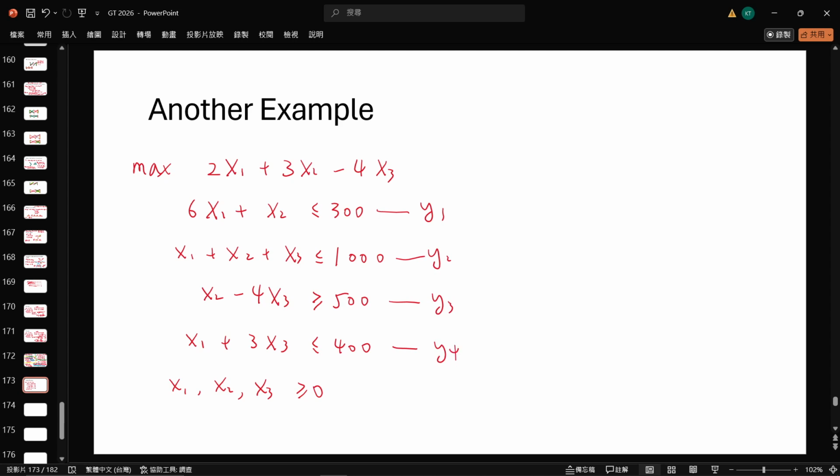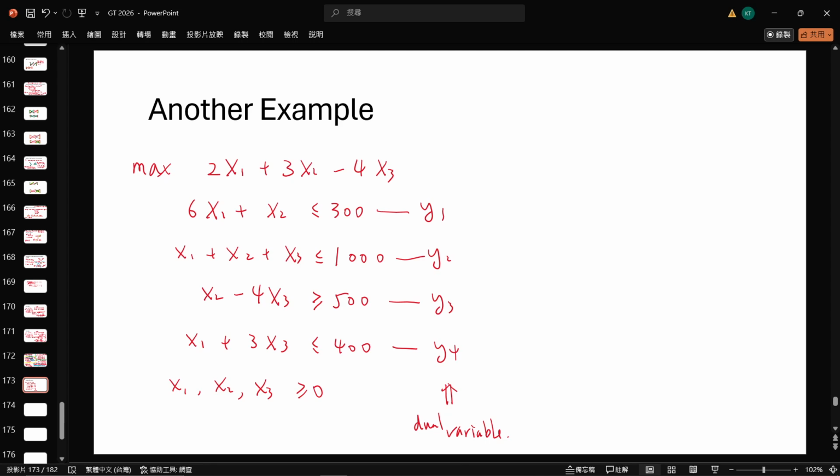By the way, these variables are called dual variables. So basically, we just have to find the weighted combination of these constraints, and then we can get the objective function and the constraints.